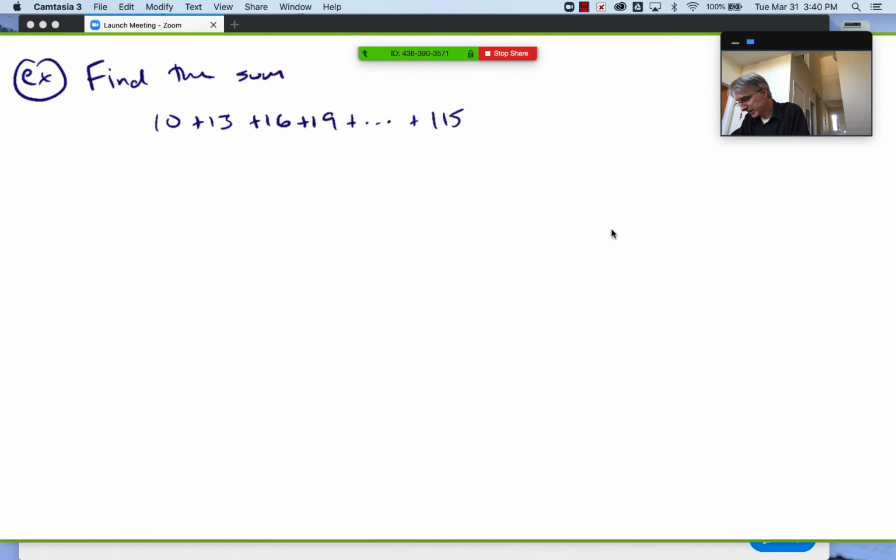So the first recognition, 10 plus 3 is 13, plus 3 is 16, plus 3 is 19, so it's arithmetic. So the sum is going to be the first term 10 plus the last term 115 times the number of terms over 2. And so I need to figure out how many terms there are.